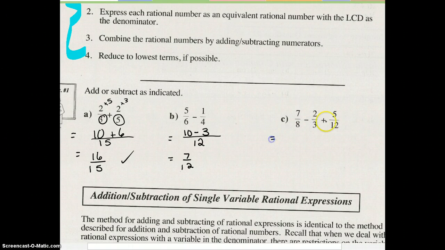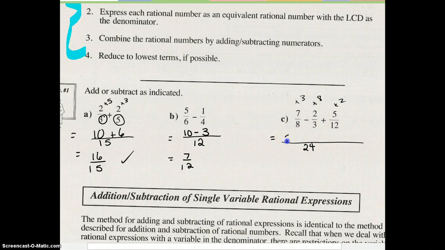All right, the next one, 8, 3, and 12. So the common denominator in this case would be 24, the lowest common denominator. I'm going to then go 8 into 24 is 3 times, so I'll multiply that by 3. 3 goes into 24 8 times, so I'm going to multiply this by 8, and 12 goes into 24 2 times, so I'll multiply this by 2.